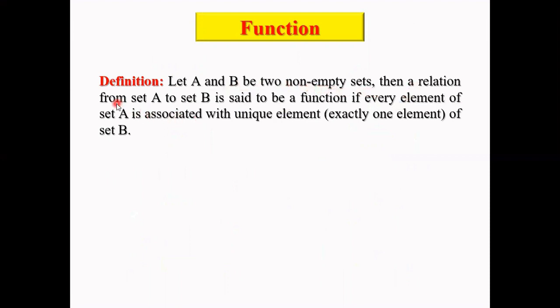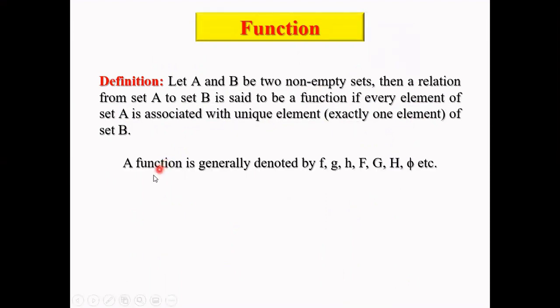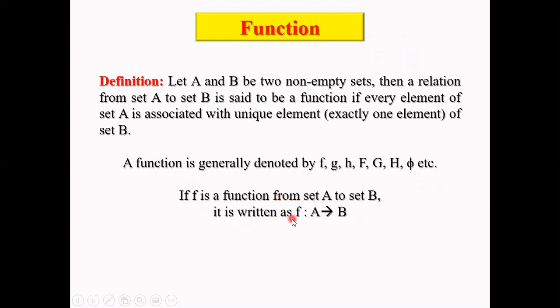Then a relation from set A to set B is said to be a function if every element of set A is associated with a unique element, exactly one element of set B. A function is generally denoted by f, g, h or capital F, G, H, phi, etc. If f is a function from set A to set B, it is written as f: A → B.